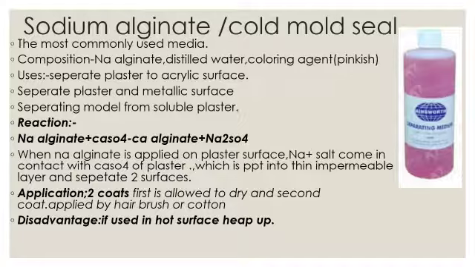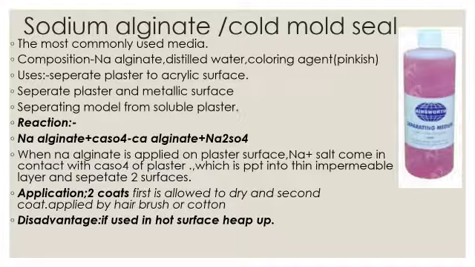In composition it is sodium alginate, distilled water, and coloring agent, that is why you get a pinkish color, and its use is separating plaster from an acrylic surface. For example, while making a special tray of acrylic, we should apply a separating medium layer in order to get it separate from the plaster. It also separates plaster and metallic surface, and in separating model from soluble plaster.